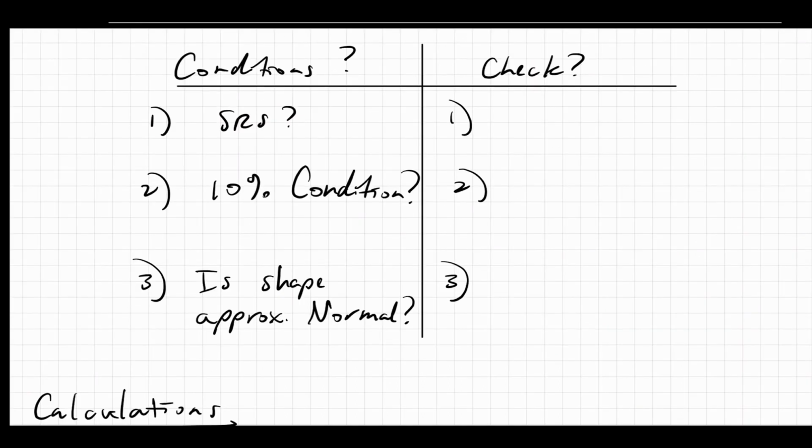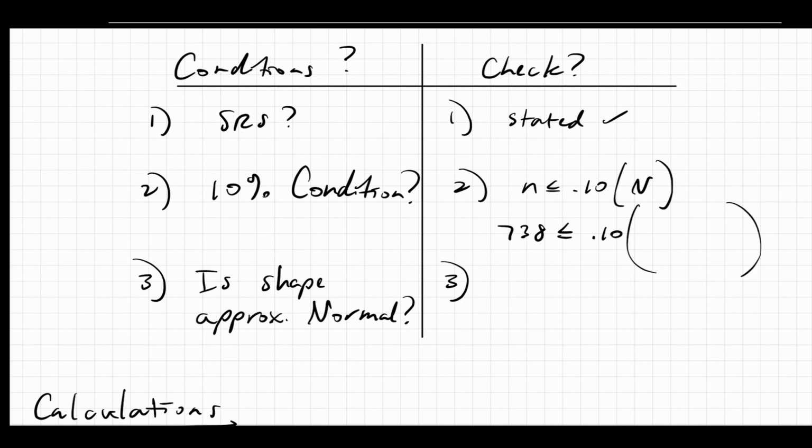Conditions, check. SRS of 738 stated as random. 10% condition, well, n less than or equal to 10% of big N. n was 738. Now, I don't have a number for big N, but who is the population? All cell phone users.